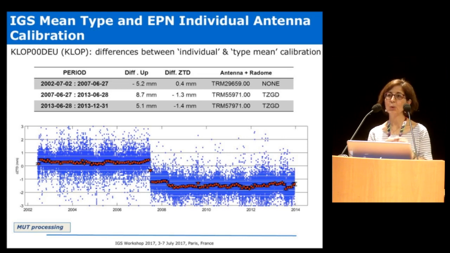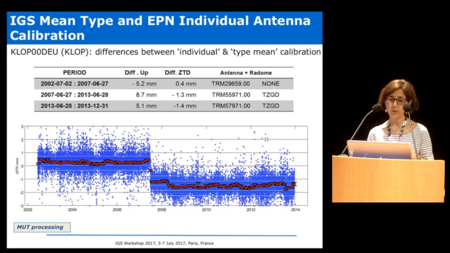And so it is too small to be captured during the combination process, where we have set up a threshold of 10 millimeters in the ZTD bias. Because this 10 millimeters threshold in ZTD bias turns into 1.5 kilogram per square meter bias in integrated water vapor.